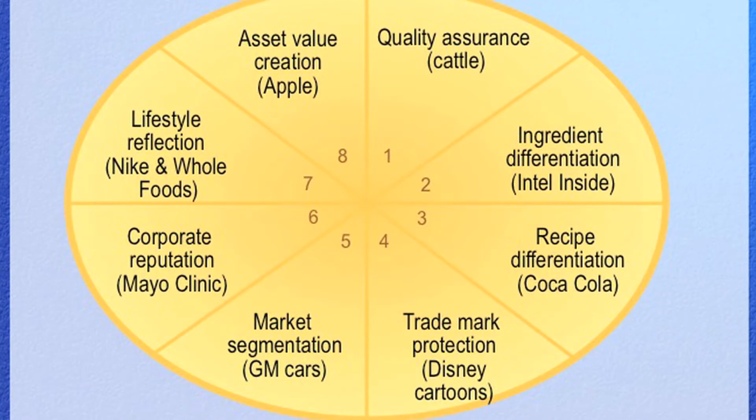What I have found is that so far there are 8 major applications of branding to create a differential advantage. And I will go over each one of them in some detail. For example, the first use of branding has been for quality assurance in the cattle industry. So let's go through that as one slide.